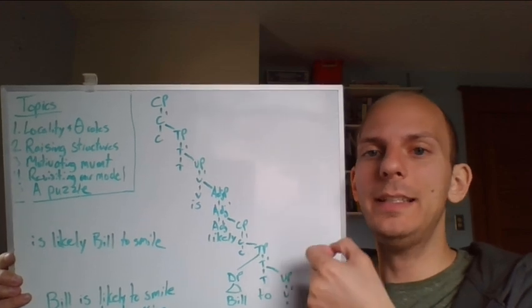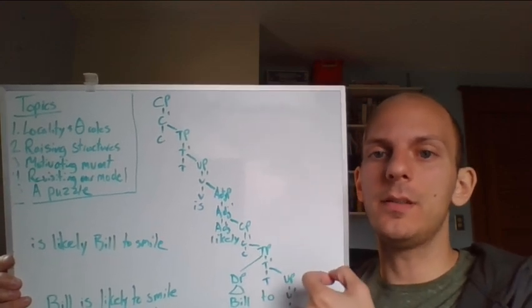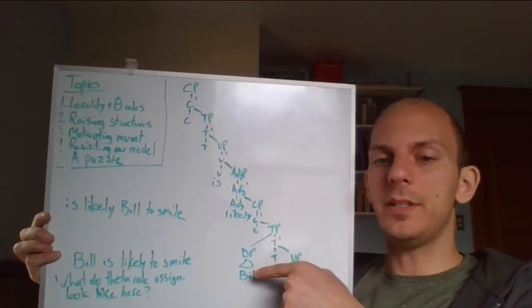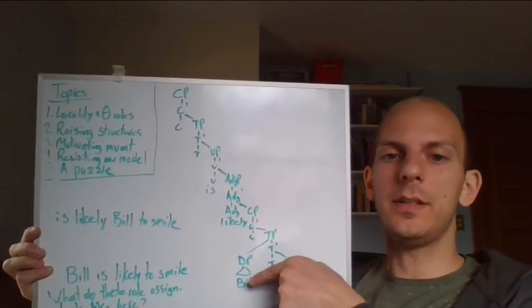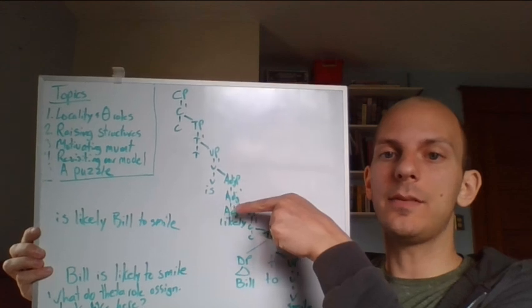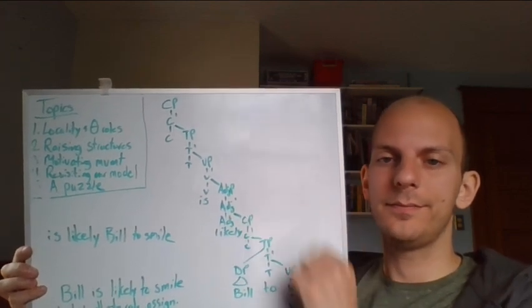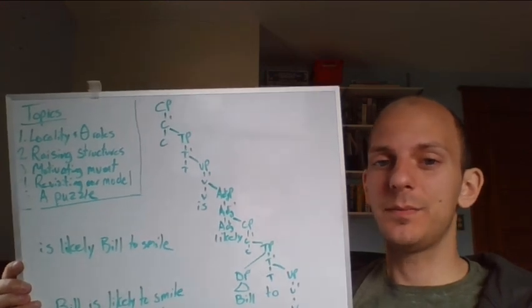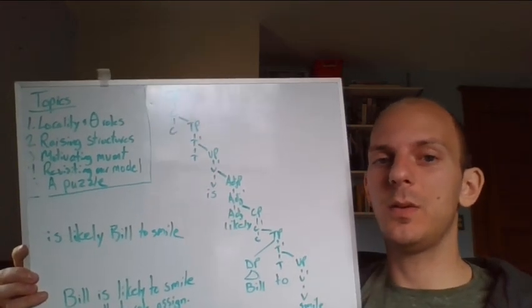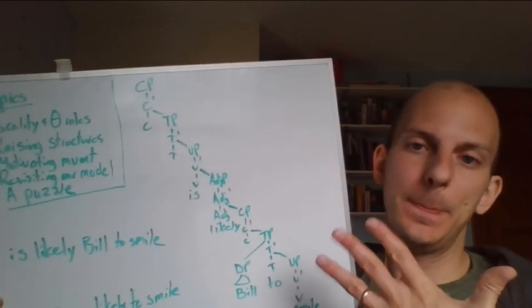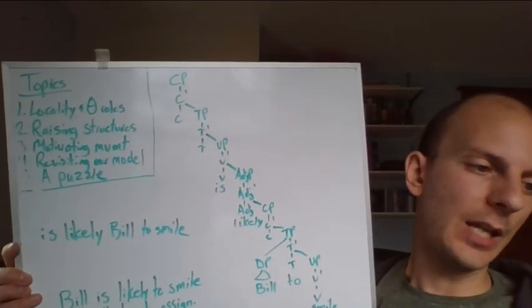And the locality constraint on theta role assignment is also met. Smile has one theta role to give, it gives it to Bill, and it gives it locally within the clause. Is likely has one theta role to give, and it gives it to its complement. It's perfectly fine. So the theta criterion is met, the locality constraints are met. Boom. We have a good sentence, right?